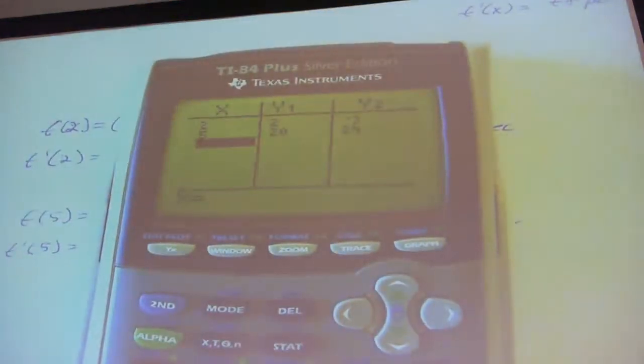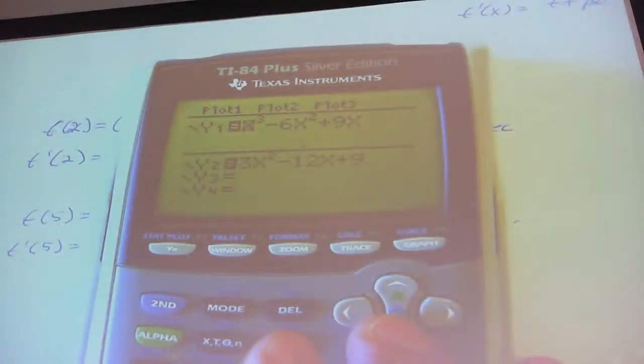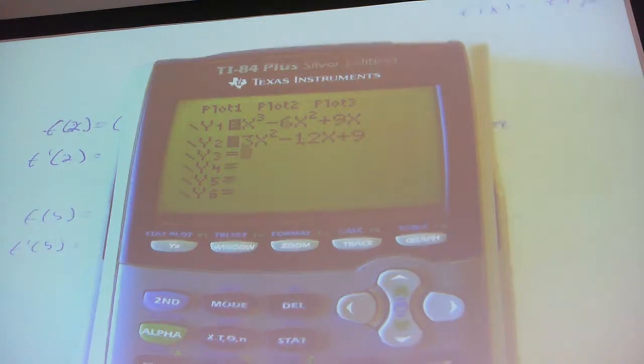So everyone go to your calculator, go to y equals. y1 is the original, that tells me feet. y2 is the derivative, that tells me feet per second. Everyone go to y3, and I want you to write these steps down. On y3, we're going to push math.